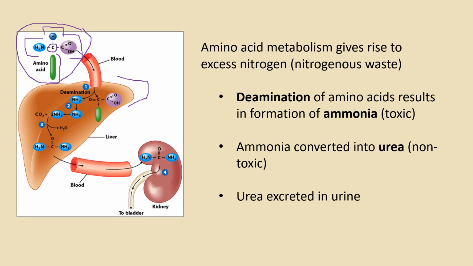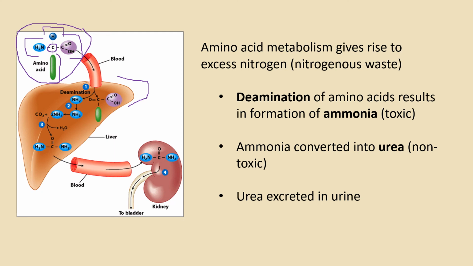No matter what that liver cell is going to use the amino acid for, that amino acid needs to be deaminated. Deamination means to remove the amino group from an amino acid.